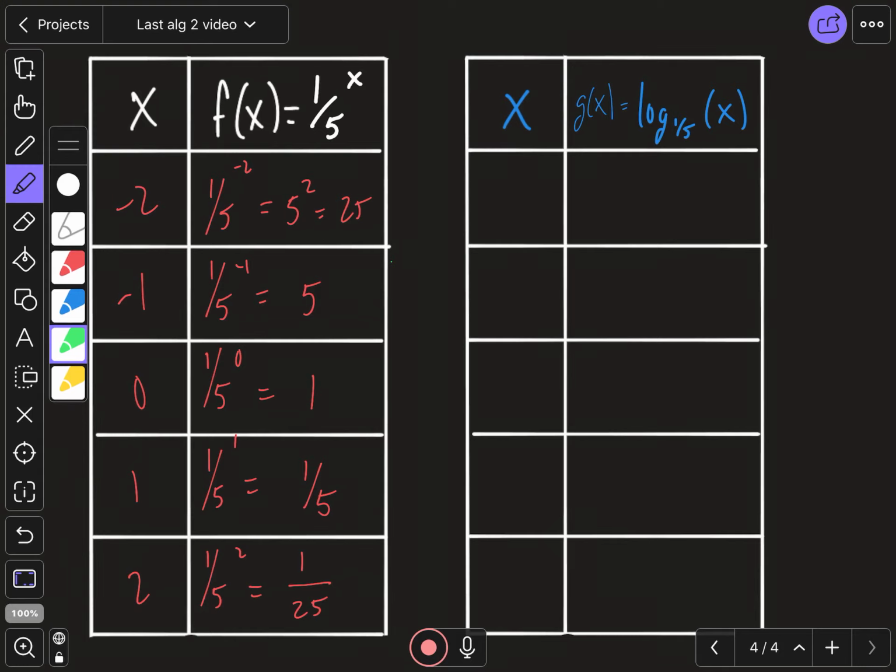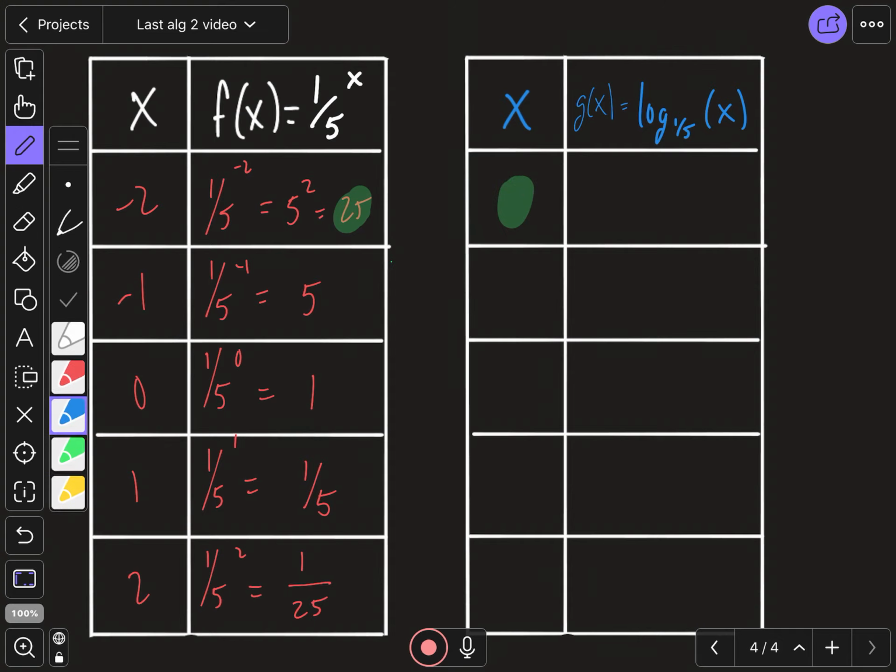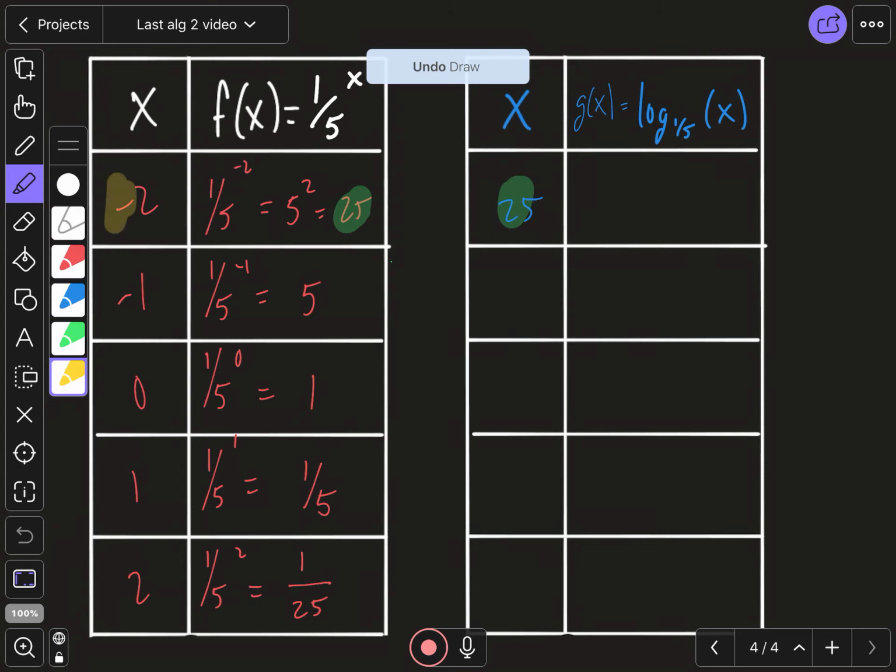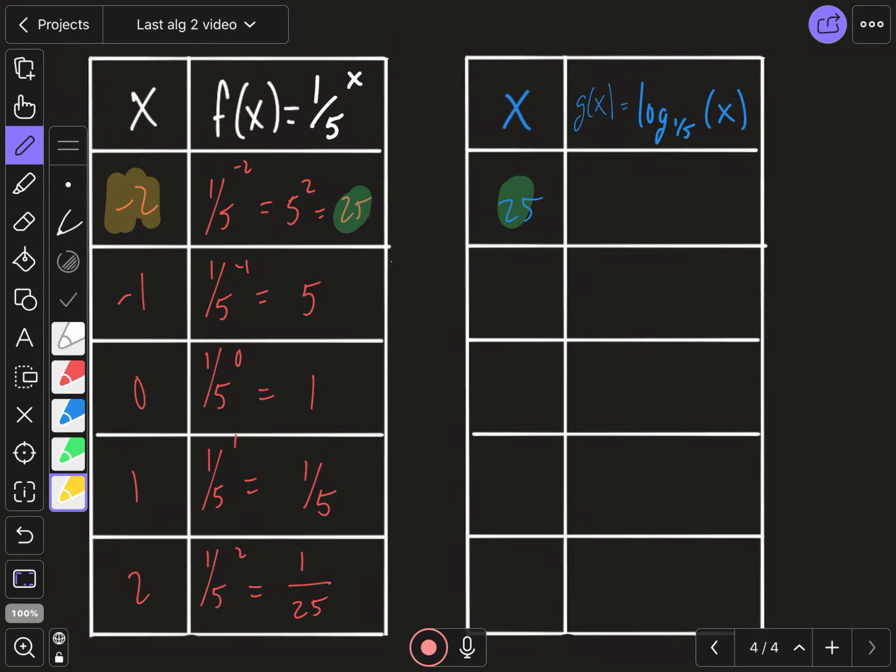So we take those y values, and they become our x values. We take those x values, and they become our y values. So 5, -1; 1, 0; 1/5, 1; and 1/25, 2.